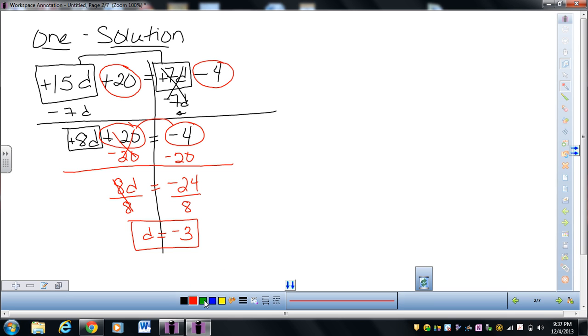And of course, you know I can check that by putting negative 3 in for d. So I've got 15d, which is 15 times negative 3, plus 20 equals 7 times negative 3, minus 4. 15 times negative 3 is negative 45, plus 20 equals 7 times negative 3 is negative 21, minus 4.